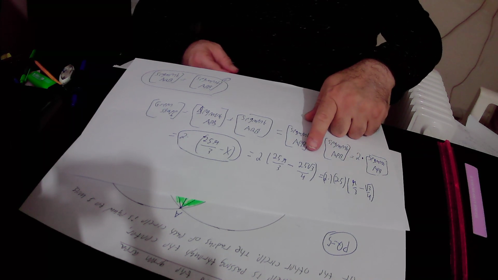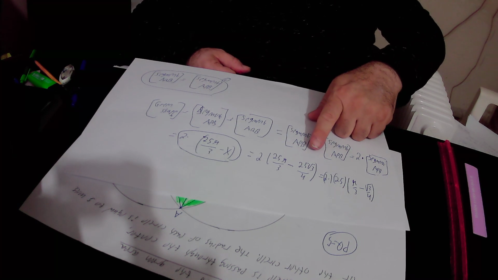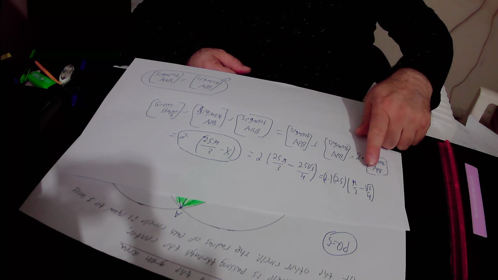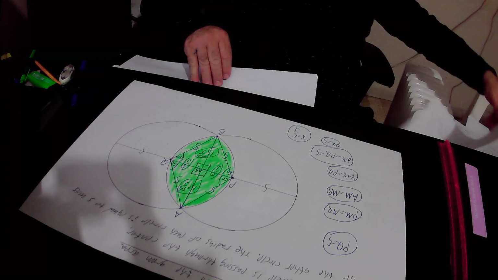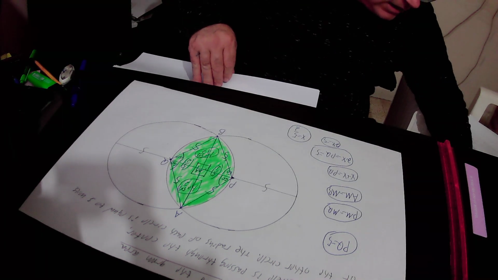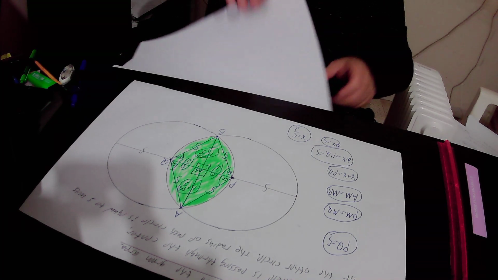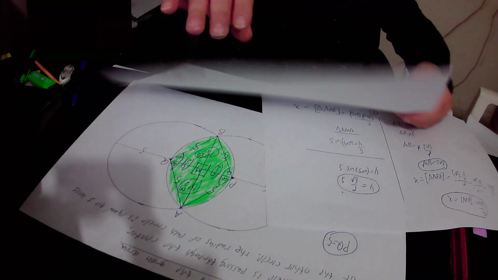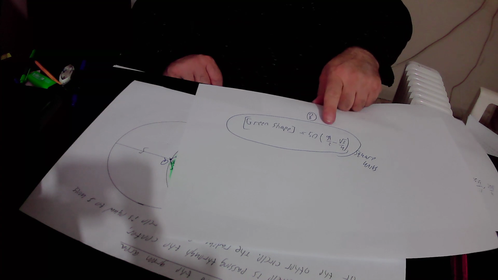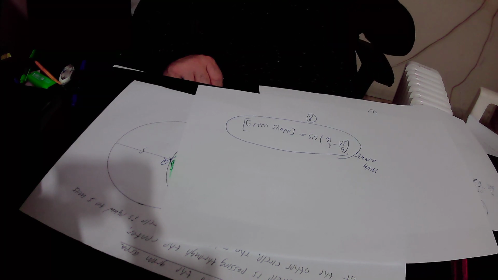And what is left from 25 times square root of 3 over 4 is actually square root of 3 over 4. So in conclusion, we found out that the area of the green shape equals 50 times pi over 3 minus square root of 3 over 4 square units.